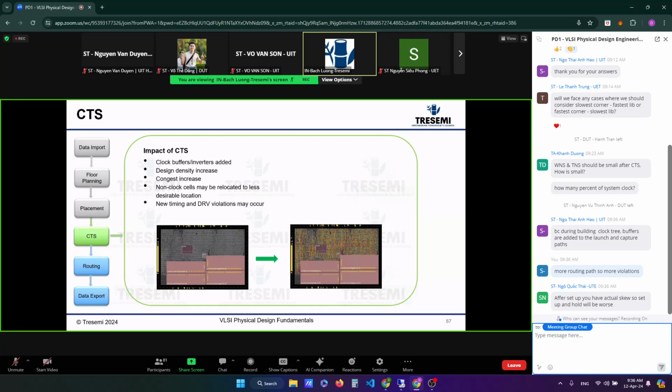Okay, so North House said because during building the clock tree, buffers are added to the launch and capture path.